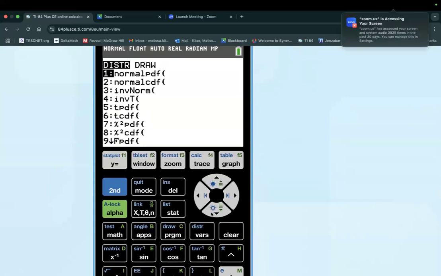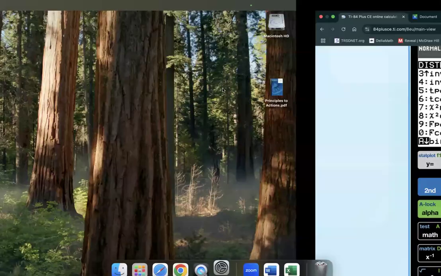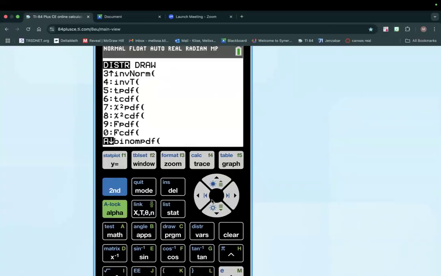I'm going to scroll down to letter A, binom PDF. The second one is binom CDF. That's not what we're looking for. We want binom PDF. You want A and hit enter.